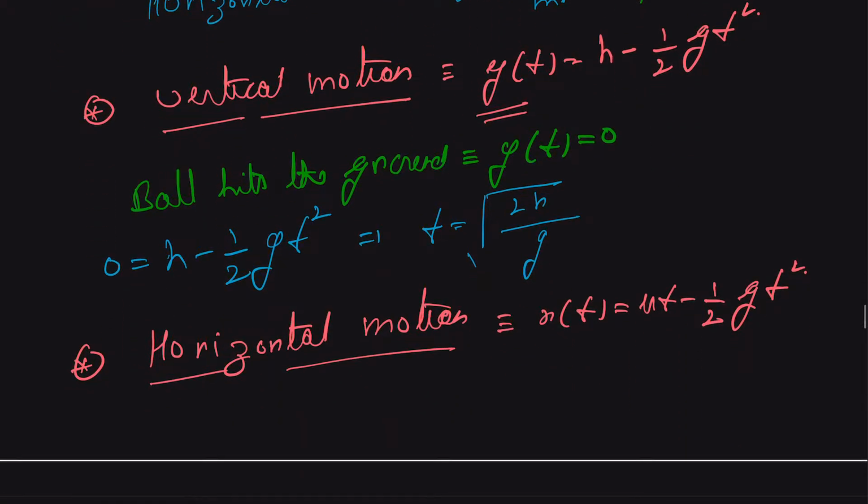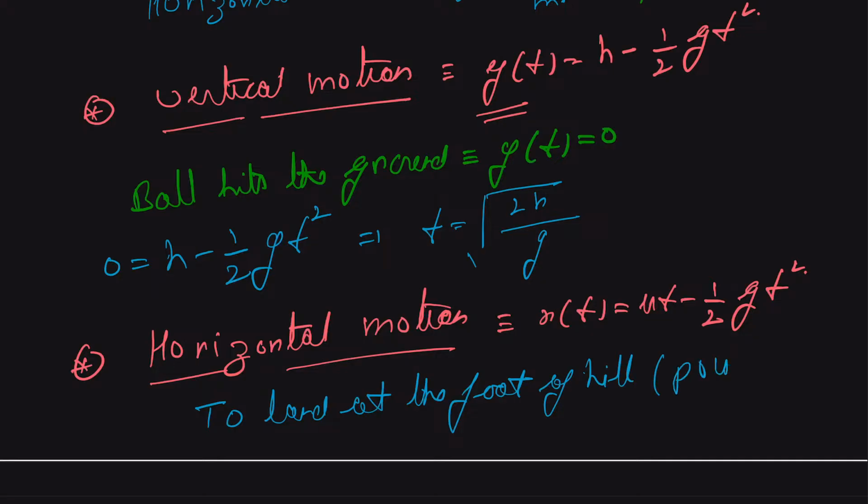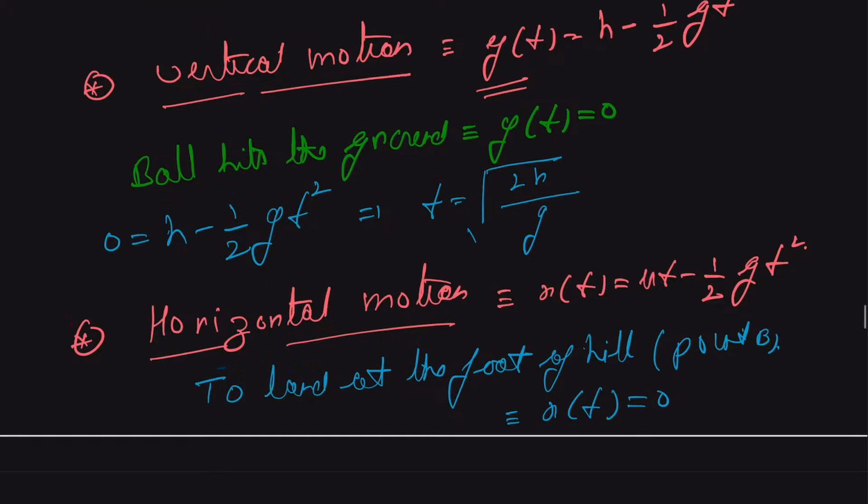Therefore, we can write that to land at the foot of the hill, that is point B, our x of t should be equal to 0.